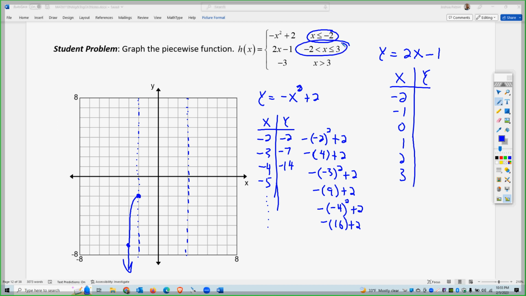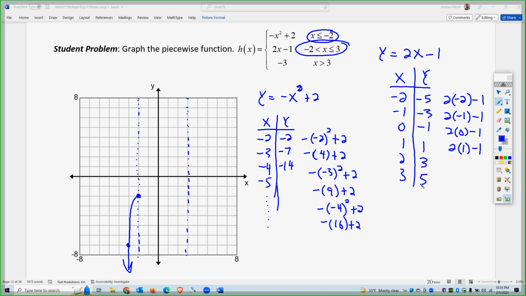So it's a line. 2 times negative 2 minus 1, so that's negative 5. 2 times negative 1 minus 1, so that's negative 3. 2 times 0 minus 1 is negative 1. So essentially I'm going up by 2 every time, right? So 2 times 1 minus 1 is 1. Then I get 3. Then I get 5.